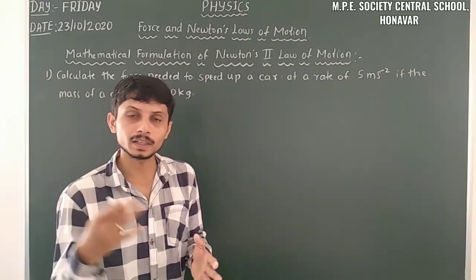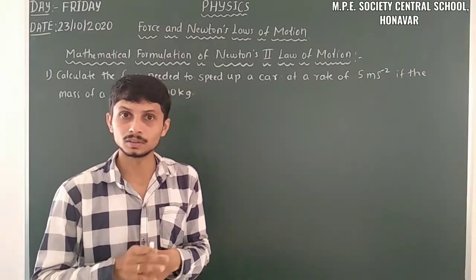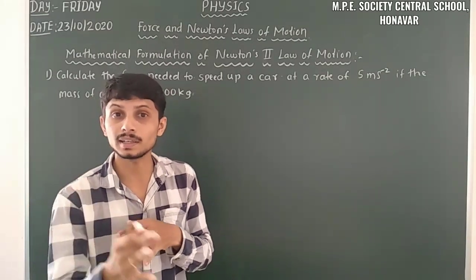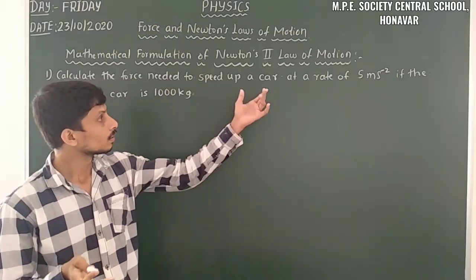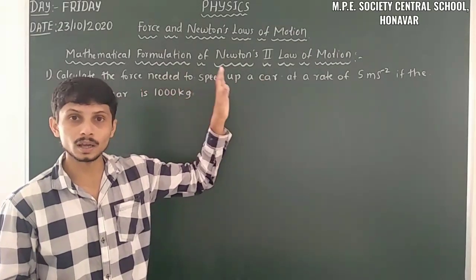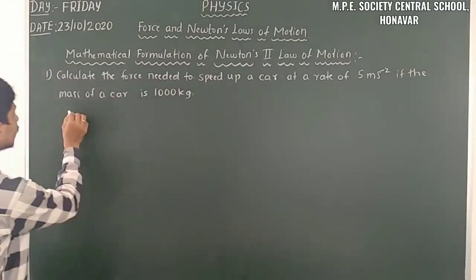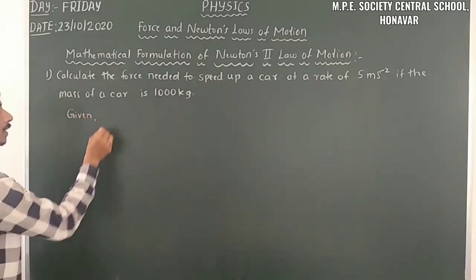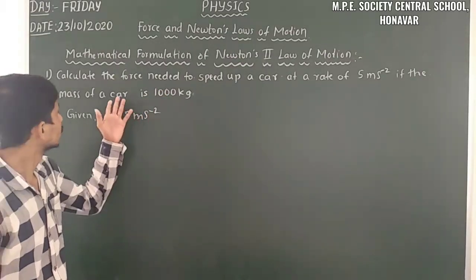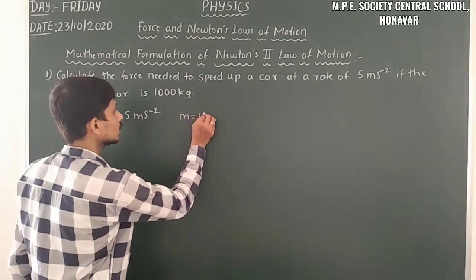When the object is in a straight line path, we can take distance equal to displacement, and similarly speed is also velocity. So speeding up a car at a rate of 5 meter per second square is nothing but the acceleration. So A is equal to 5 meter per second square. Then the mass of the car is 1000 kg, that is, M is equal to 1000 kg.